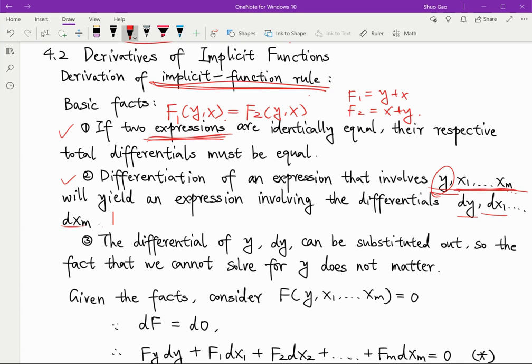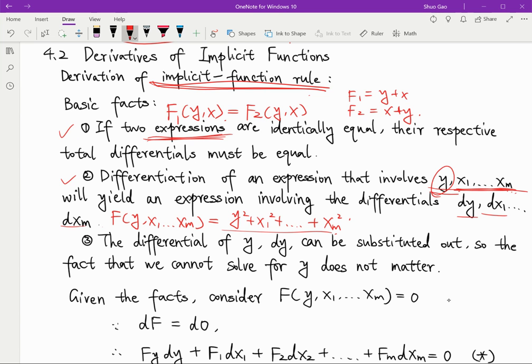So for example, if f of y, x1 to xm, because we have m independent variables here, the expression may be y squared plus x1 squared plus xm squared. So suppose we have an expression that looks like this.